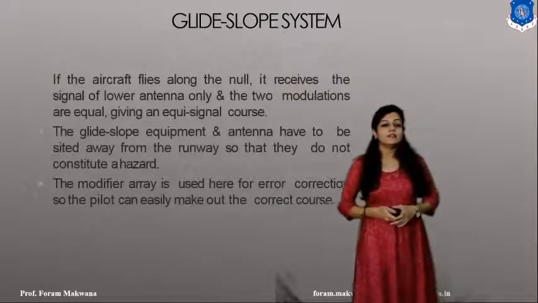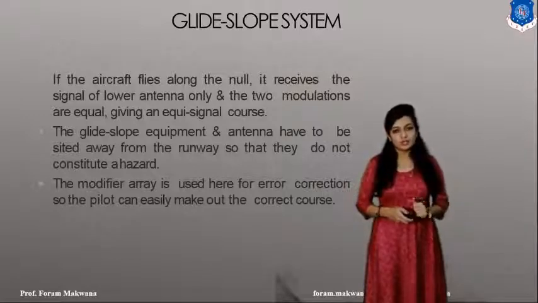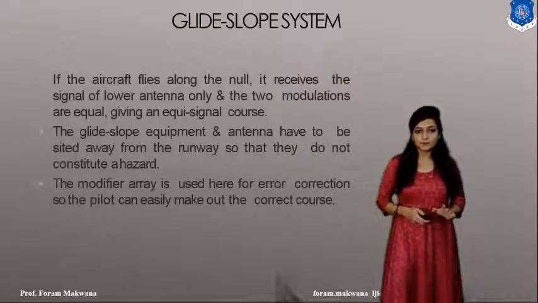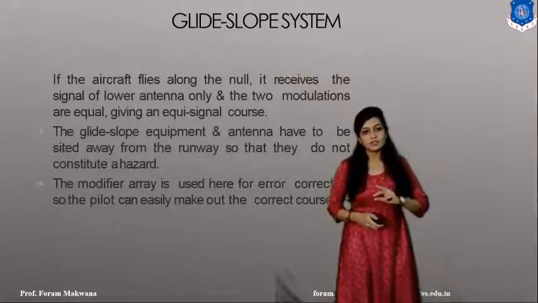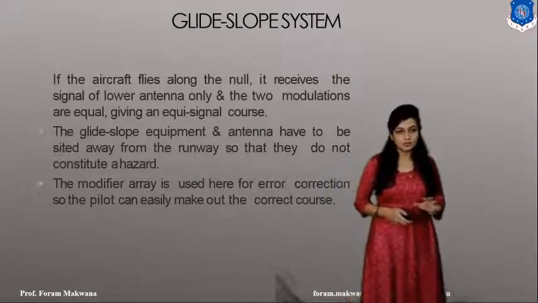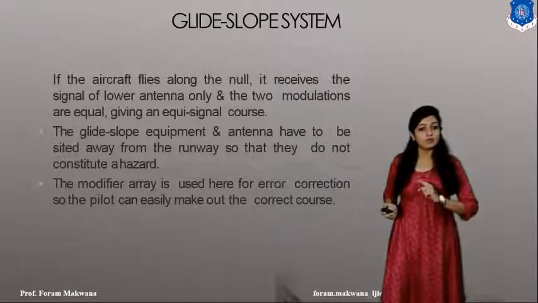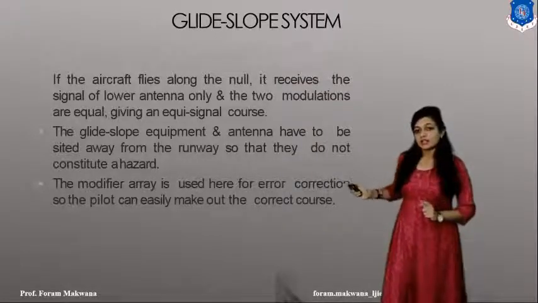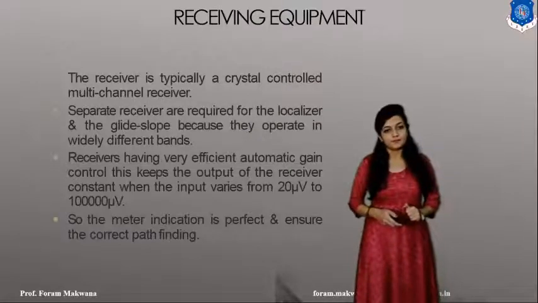Alright, so if the aircraft flies along the null, it receives the signal of the lower antenna only. Okay, and if the two modulations are equal, this gives equal signal force. So the glide slope and the antenna have to be sited away from the runway. Why? Because then they do not constitute a hazard. Alright?